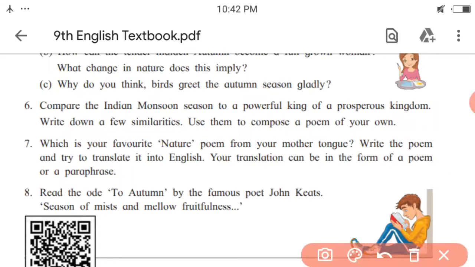Next activity. Which is your favorite nature poem from your mother tongue? Write the poem and try to translate it into English. First write it down as it is in your mother tongue, and later below it or on the next page, write its translation.